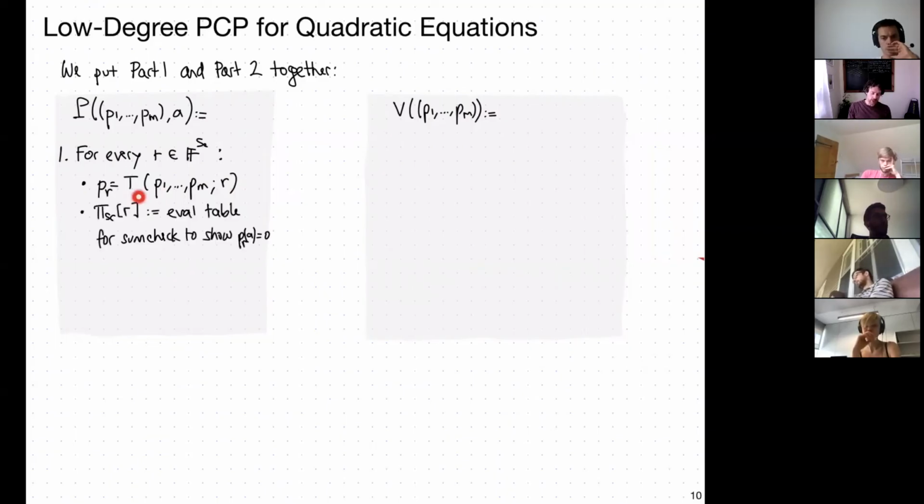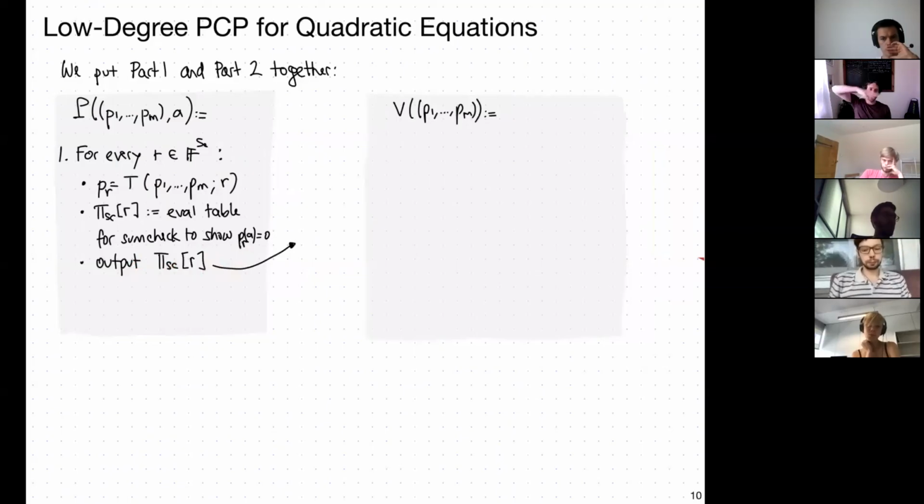And then we'll consider the evaluation table of the sum-check protocol with respect to that choice of randomness, and we'll write the whole thing and send to the verifier the PCP, which consists of this entire evaluation of this whole sum-check strategy.